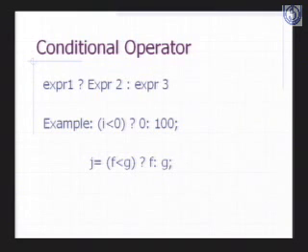Or else this conditional operation can also be used like an assignment, where the condition is tested, a value is fetched, and that value is assigned to Z. Like in the second example, J is equal to F less than G. If the condition is true, the value of F is assigned to J. Otherwise, if it is false, the value of G is assigned to J. So in this way the conditional operator works.